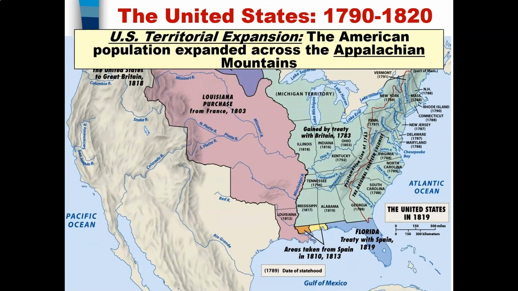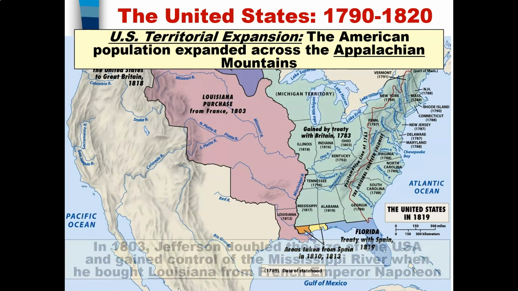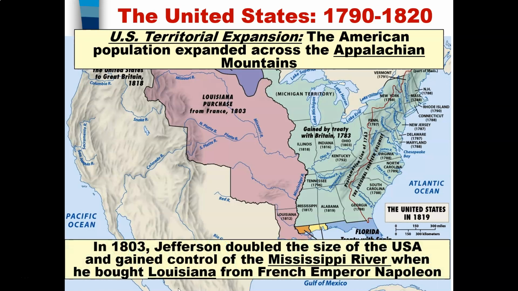The American population expanded across the Appalachian Mountains from the year 1790 all the way to the year 1820. And in 1803, President Thomas Jefferson doubled the size of the United States again when he purchased basically the Louisiana territory from French Emperor Napoleon Bonaparte.